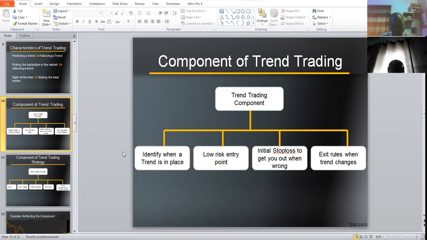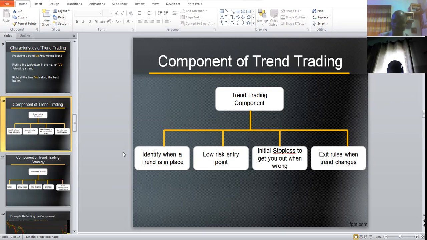By the time we dive into Fibonacci and moving average, with the trend trading approach, you enter at a relatively good entry point where the risk, your exposure between your stop loss and your entry, is minimal. Then with the trend trading approach, you also get an initial stop loss.